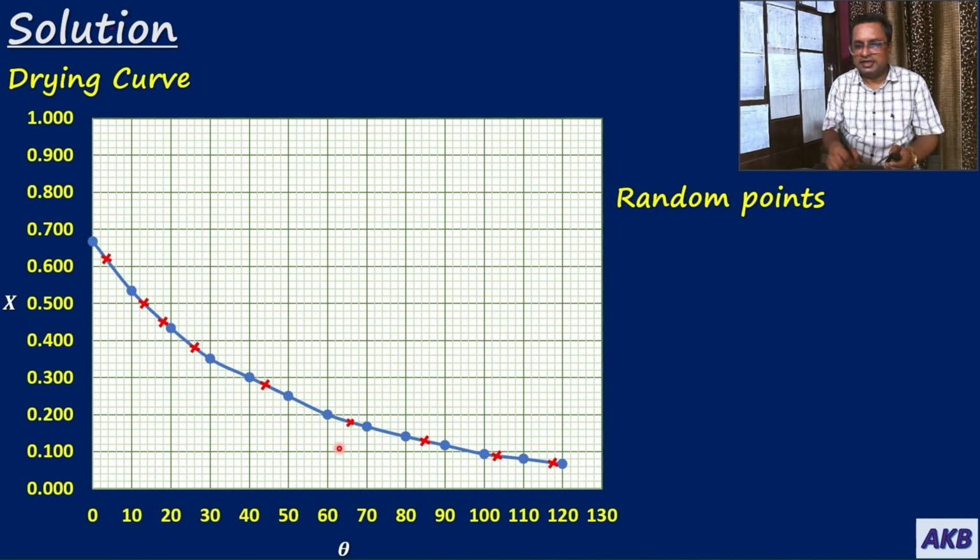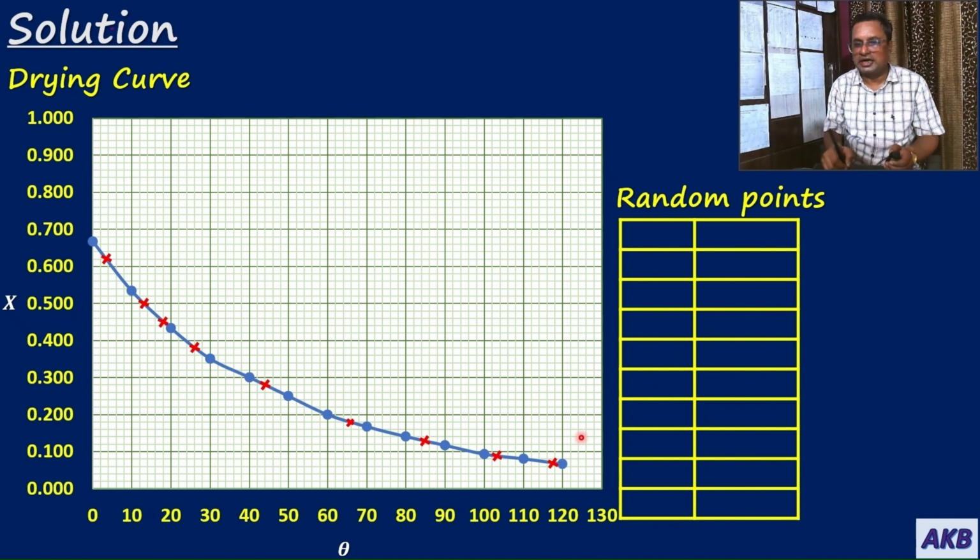Okay, so I have selected 9 random points, and you can see the points cover the entire curve, and that is how you have to select the random points. So I will note down the value of x for each of the selected points.